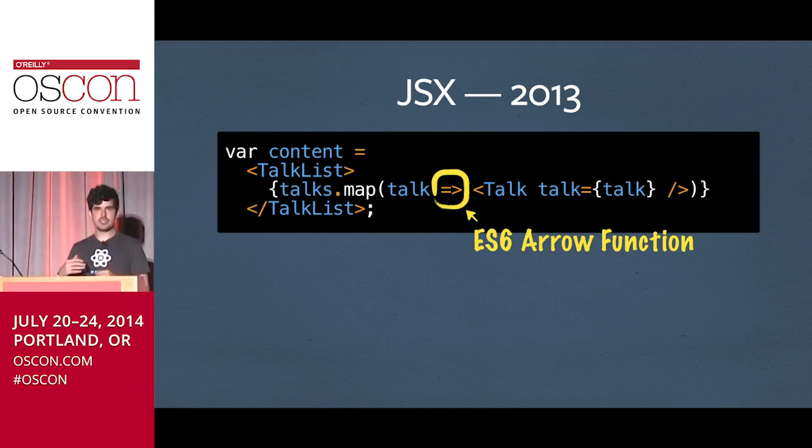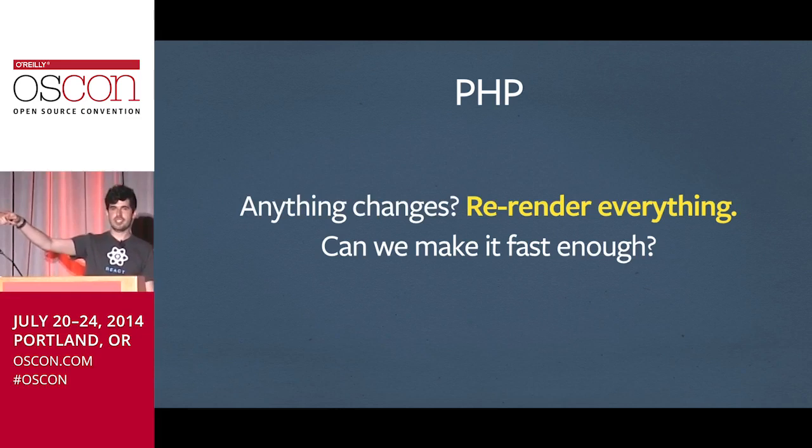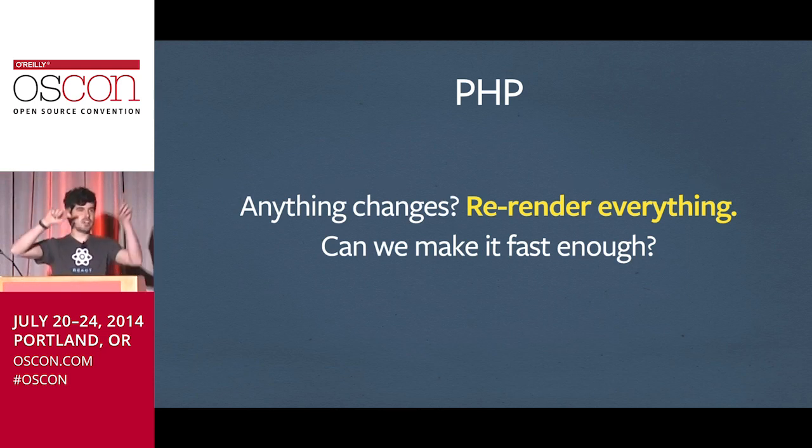What was really difficult is the update model. In PHP, it's really simple. If you go to another page, you just re-render the entire page and send it to the client. This is a very good model for writing applications because you don't have to care about updates and mutation, and, oh, this change, I also need to synchronize with this variable, etc. So now the big question was, can we make it fast enough if we use the same paradigm in JavaScript?